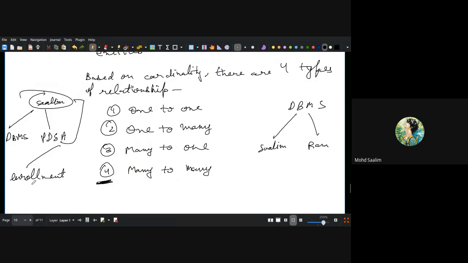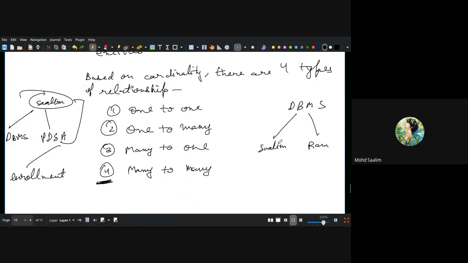Now, if you pick the same relationship and put it the other way, can a single course be taken by multiple students? And the answer will naturally be yes, right?